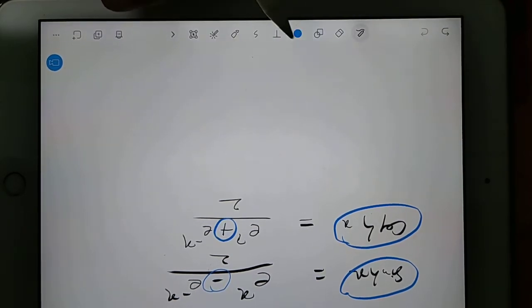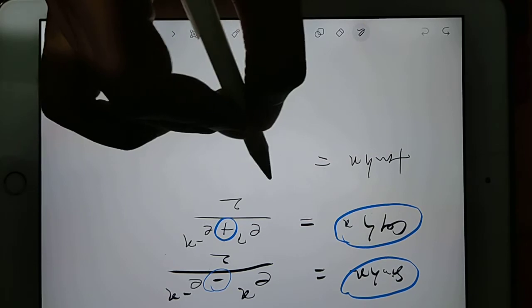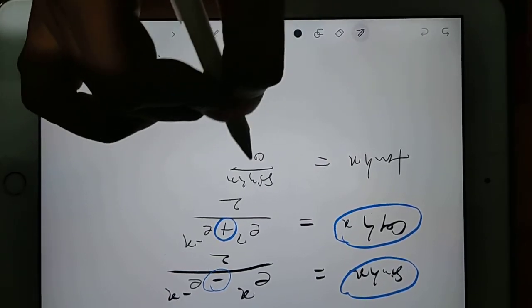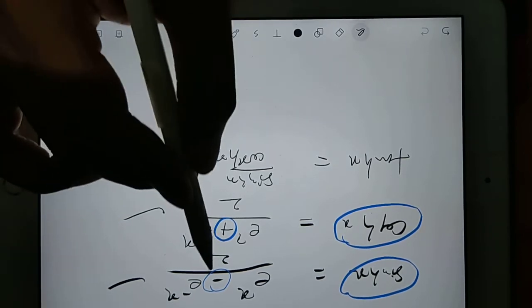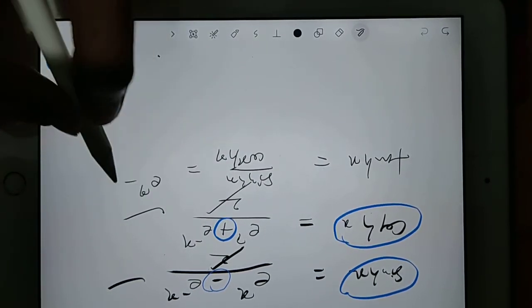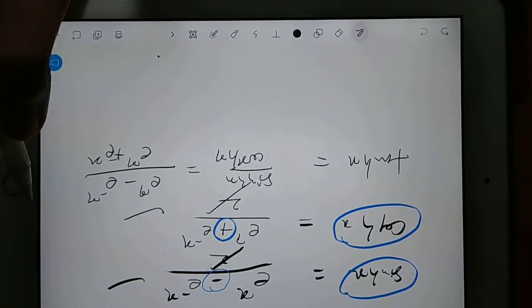And in case they are asking for tan hx, then divide both, you will be getting sine hx by cos hx. So that is nothing but this formula by this formula, 2 will get cancelled. So you'll be getting e power x minus e power minus x divided by e power x plus e power minus x.